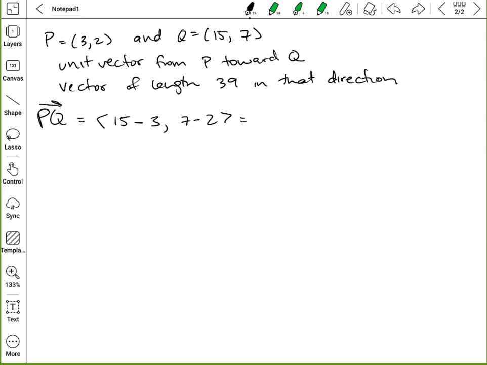So 15 minus 3 I got from that, and then 7 minus 2 I got from that. And so this is just going to give me 12, 5 as my vector from P to Q.